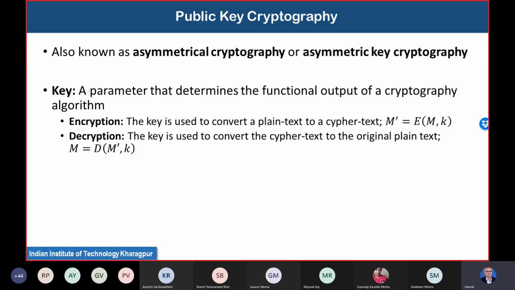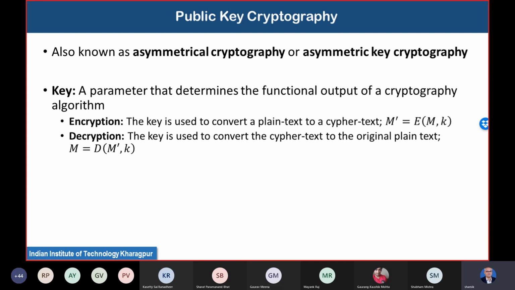So M prime equals E of M using the key K, and decryption is the key used to convert the ciphertext to the plain text. That is, using the key K, one can decrypt M prime to M.